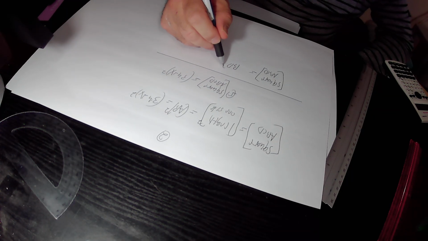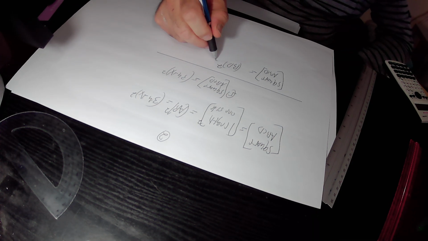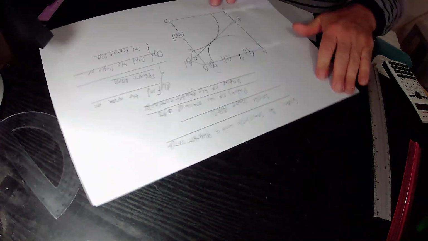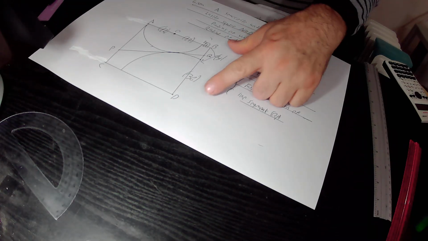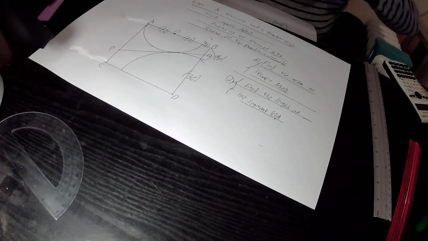BD in total equals 36 plus Y, therefore BD squared equals 36 plus Y squared.